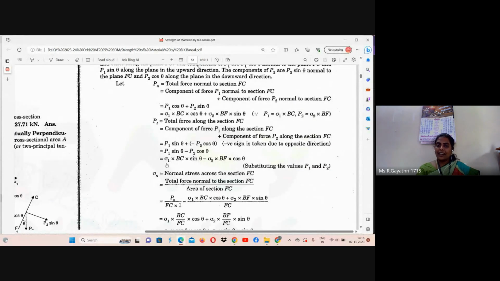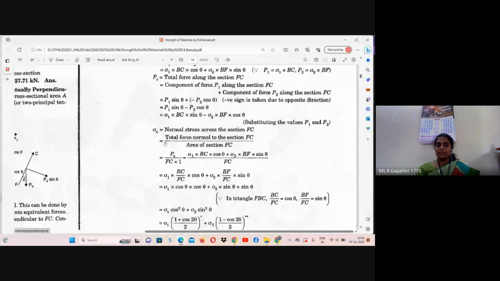Okay, next we can write P1 in terms of stress into area, sigma 1 into BC. P2 is sigma 2 into BF. Pt is sigma 1 BC sin theta minus sigma 2 BF cos theta. So now we understood the Pn part and the Pt part.